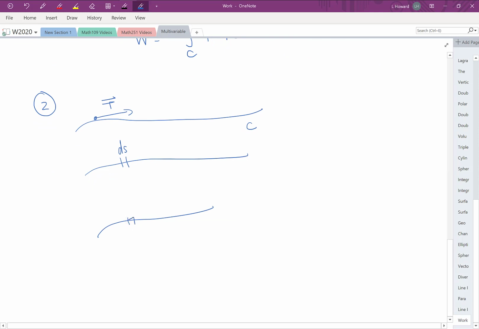So something like this would be our t ds. What you could say this represents is a tiny change in position along C, because our vector t gives us the direction in which C is curving. If we travel along t, then we're traveling in the direction of the curve, and if we scale that by ds, then it's just a tiny change in position.